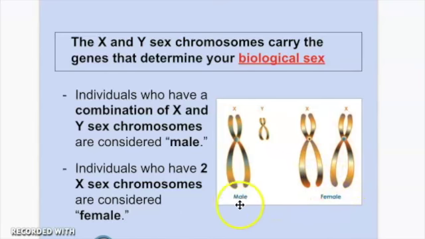Now, you're not really going to find where they have less than the two. Often when that happens, the offspring doesn't end up living, but it is very possible that people can have more than two X's. You can have people with two X's and a Y, or three X's even. So that is one of those errors that do tend to happen sometimes.